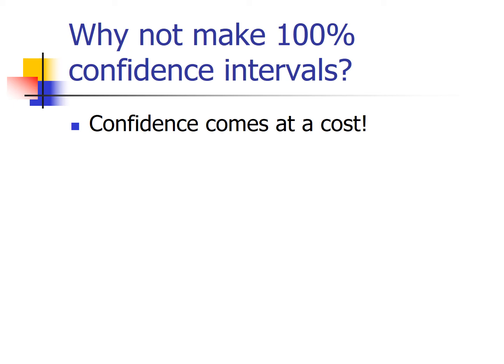So why not make 100% confidence intervals or 99.9999999% confidence intervals? Because the critical value would be so large that the confidence interval would be so large that it would be sort of useless, right?